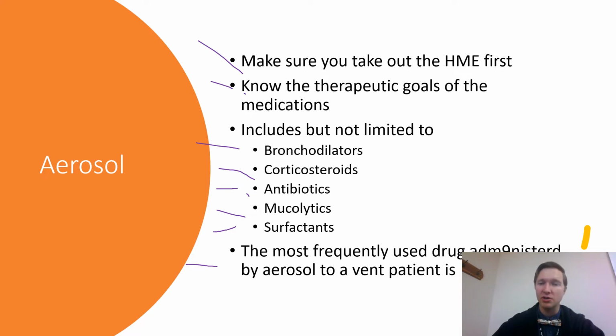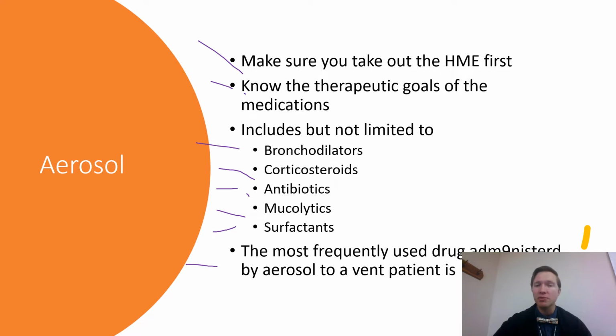But traditionally with Duoneb, albuterol, Atrovent, they will stimulate the ability for the airways to open up a little bit, which helps with movement of gas in and out. So it might aid in ventilation and therefore subsequently aid in oxygenation. So that could be a potential benefit.